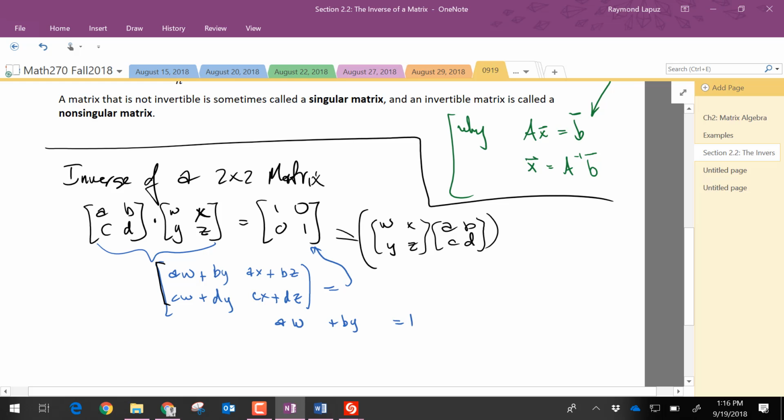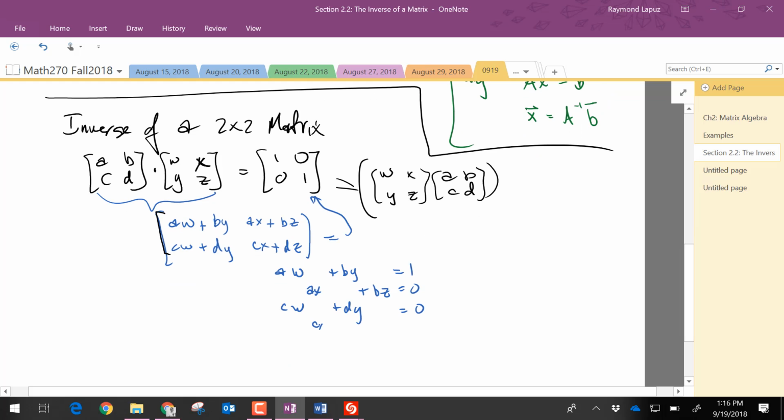And I'm going to stretch this out to make it look like a system of linear equations. We have AX plus BZ is equal to 0. We have CW plus DY equal to 0. And CX plus DZ is equal to 1.